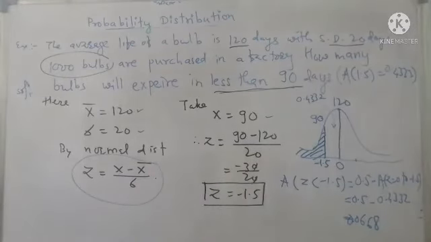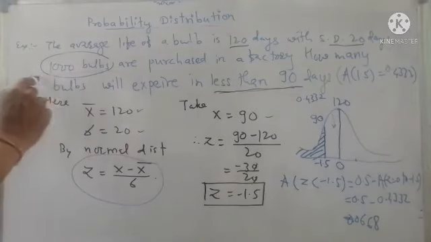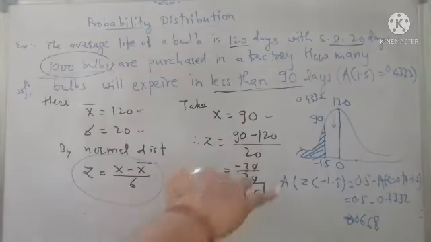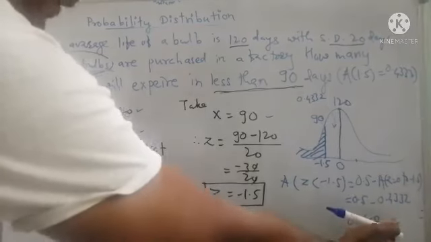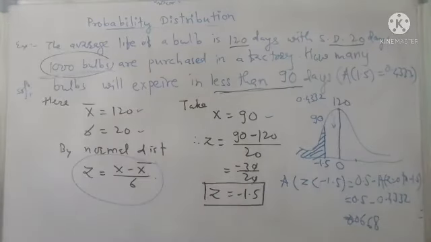As in the example, we are given that the total number of bulbs purchased is 1000. That means the distribution of this area is of 1000 bulbs, out of which we define this much area. So to find the number of bulbs represented by this area, which is 0.0668, we have to multiply this area by 1000.